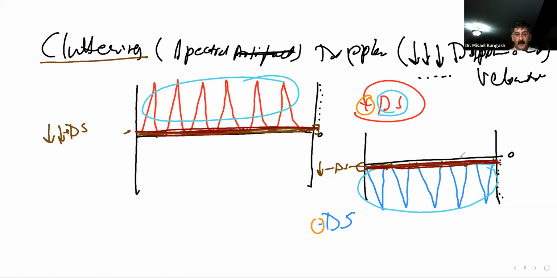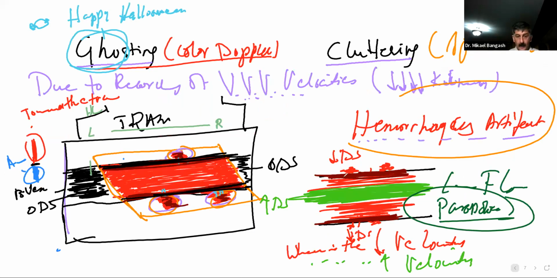But what is it that you still have? You will still have your strong positive Doppler shift signals remaining, or the high velocity negative Doppler shift signals remaining. So it's only going to filter out the low Doppler shift frequencies.